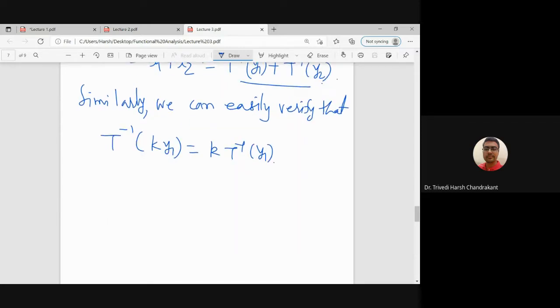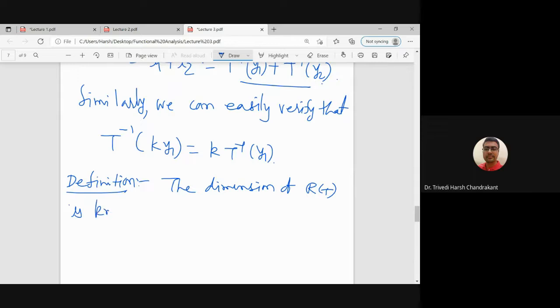Now some more definitions. The dimension of the range of T is known as the rank of T, where T is a linear map.